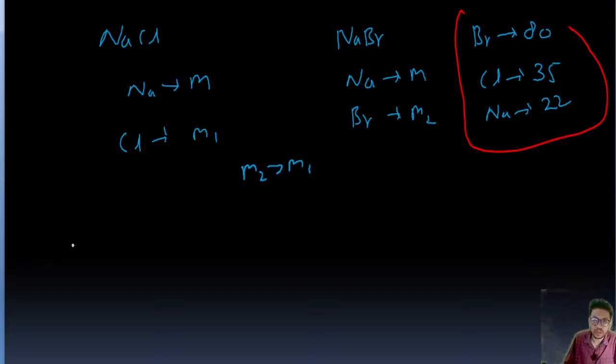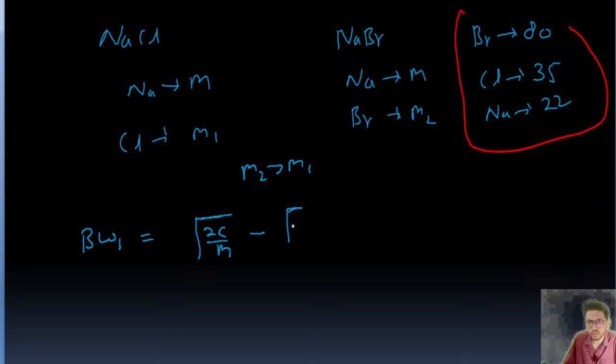Now we'll find bw1 first. bw1 equals root 2c upon m minus root 2c upon m1, there's a formula for it.